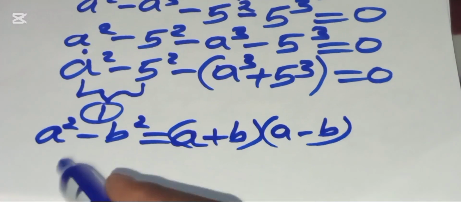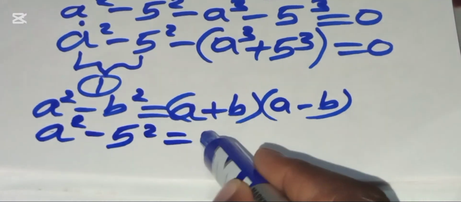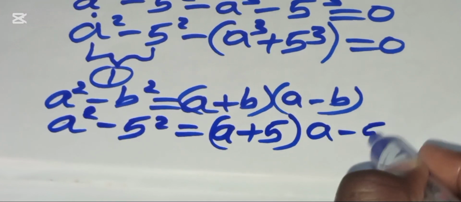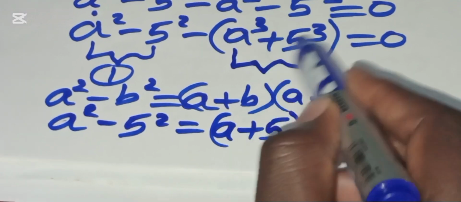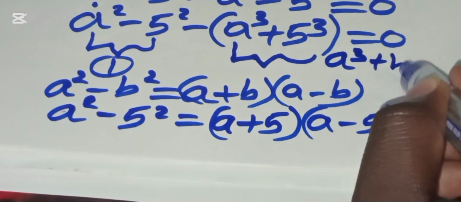So we have a squared subtract 5 squared, which you can express as a plus 5 and a minus 5. Now the second part here is actually in the form of a cubed plus b cubed.